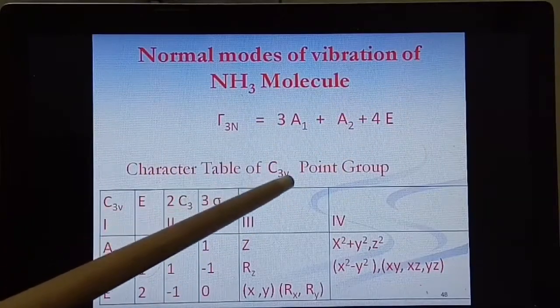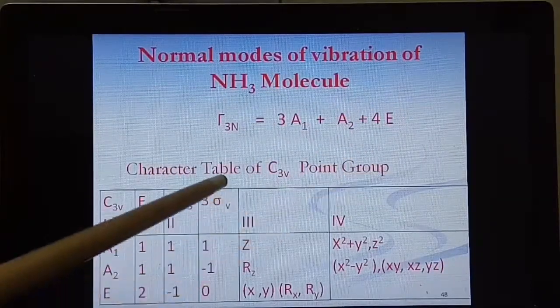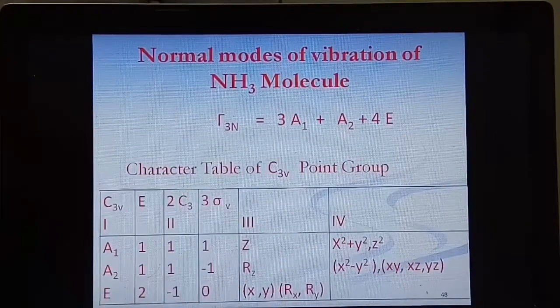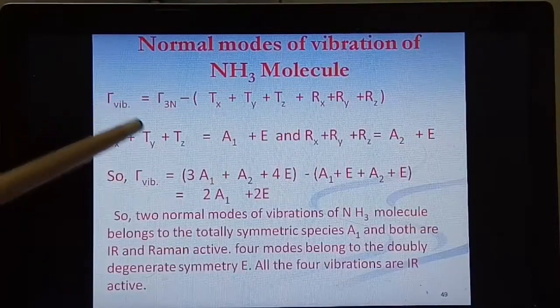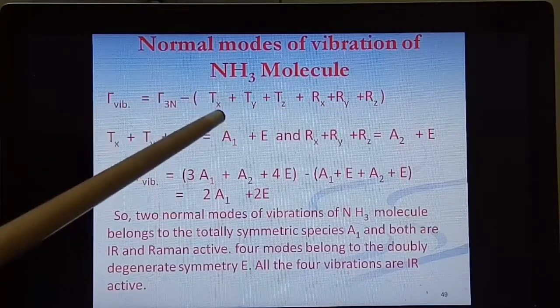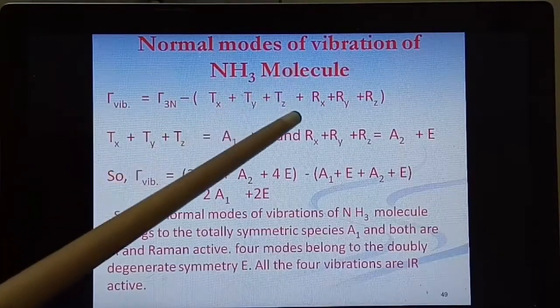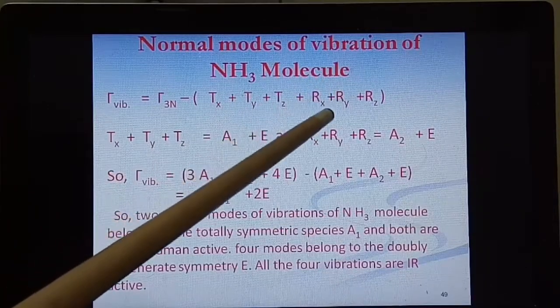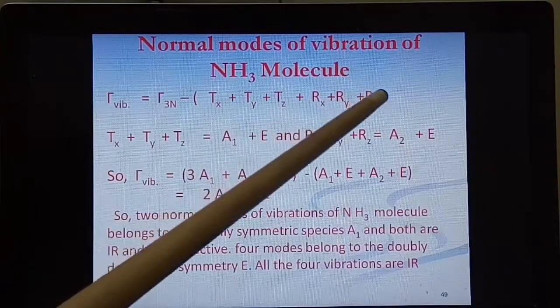Now the character table of the C3v point group will be this. Tau vibration will be equal to tau 3n minus translation x plus translation y plus translation z plus rotation x, rotation y, rotation z.